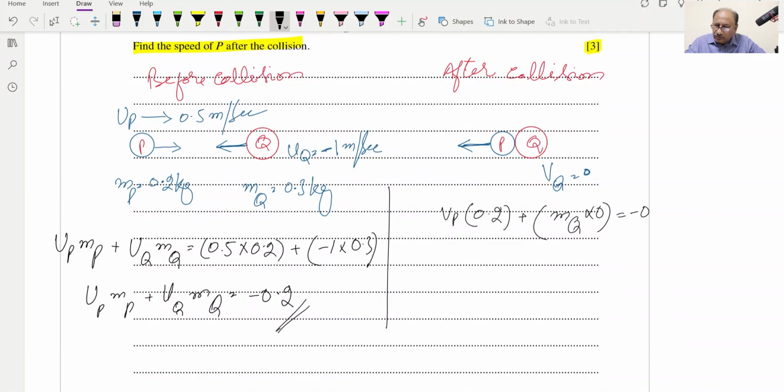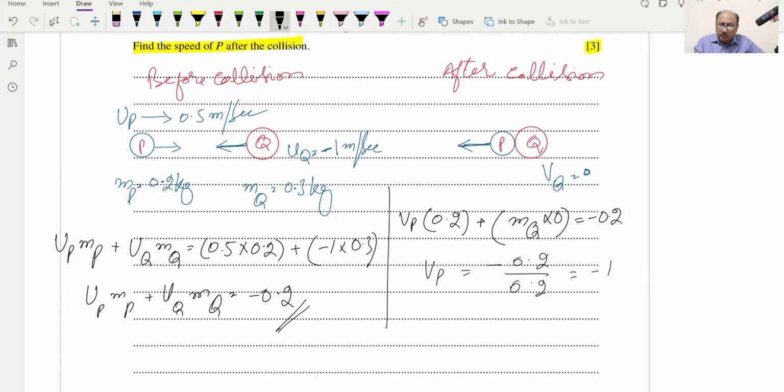So VP will be equal to minus 0.2 over 0.2, which is equal to minus 1 meter per second.